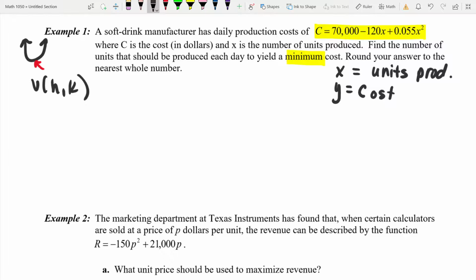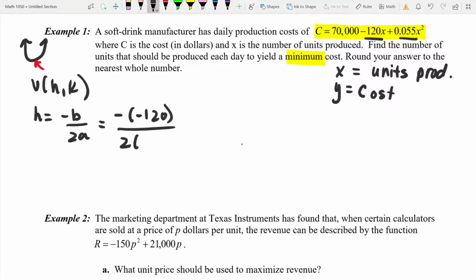I would never complete the square. I would say h is negative b over 2a. Now you have to be a little careful on this problem because it's out of order. So the a is 0.055 and the b is negative 120. So you're going to go negative 120 over 2 times a, which is 0.055.